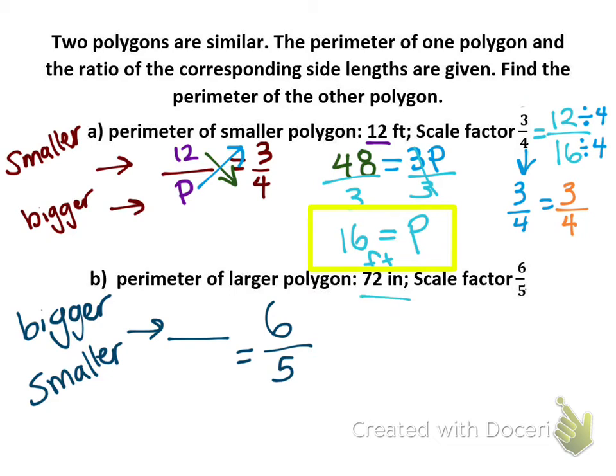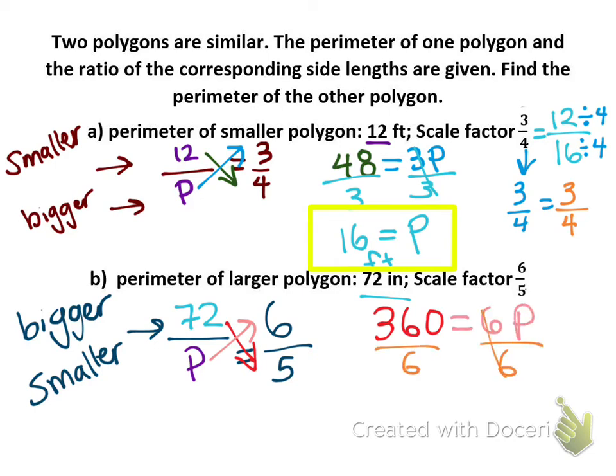So our bigger perimeter is 72, and the smaller is what we don't know, so we're going to call that P. Cross multiply. 72 times 5 is 360. P times 6 is 6P. Divide by 6, and the perimeter is 60, and then it would be inches.